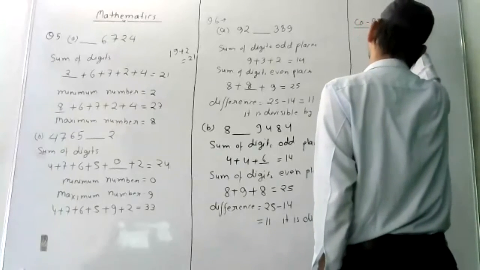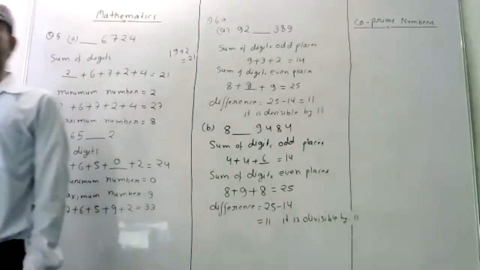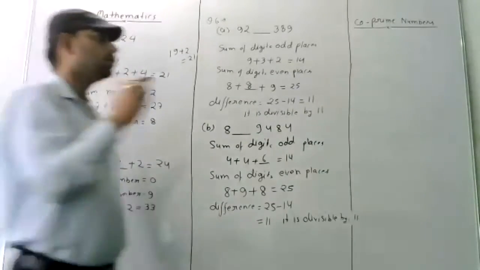What are co-prime numbers? Two numbers having only one as a common factor.